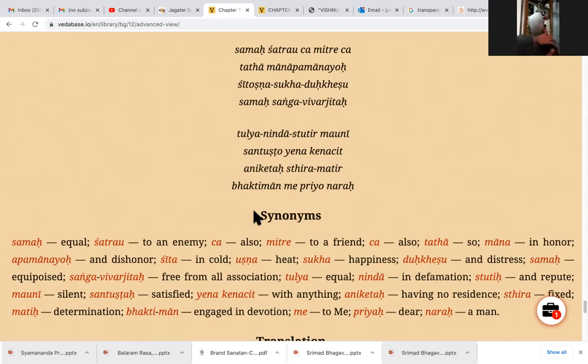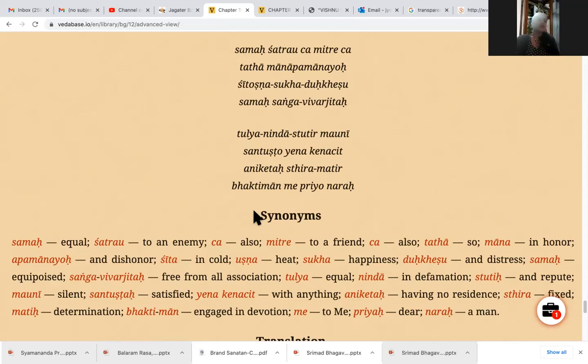Varjita means to be away from or to be cut off or disassociated from something. So sanga vivarjita means to be free from all kinds of associations, bad association to be specific, to be free from any kind of attachment which has a bad influence on you.